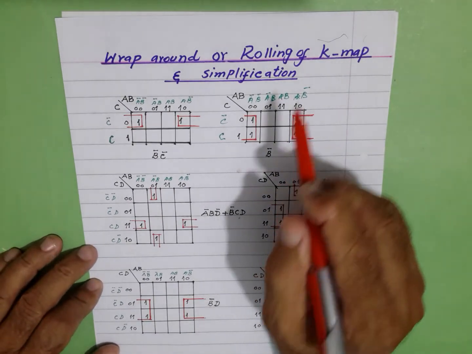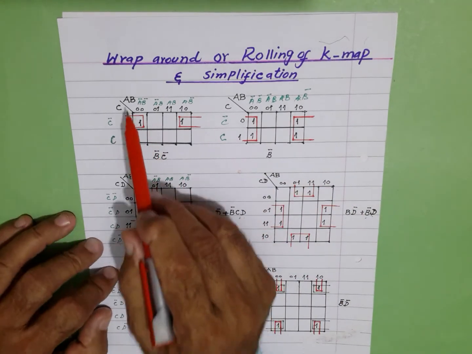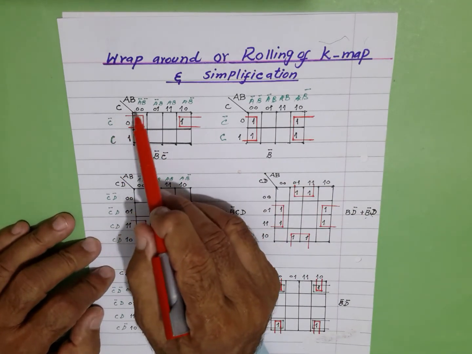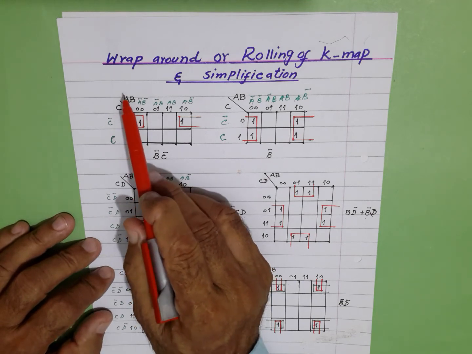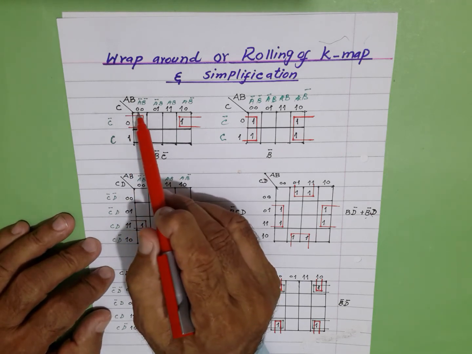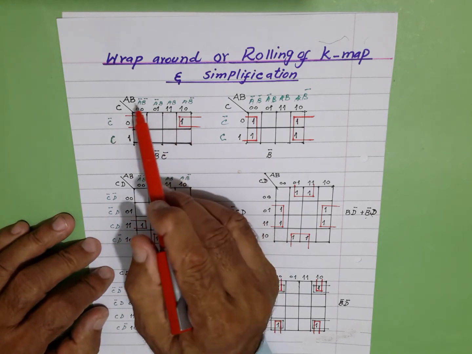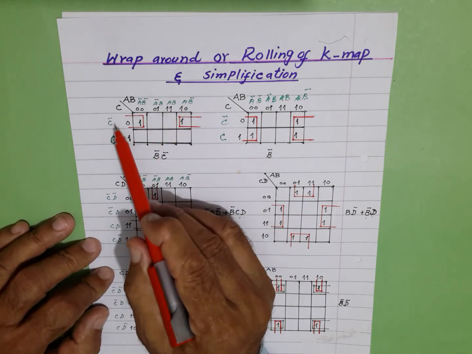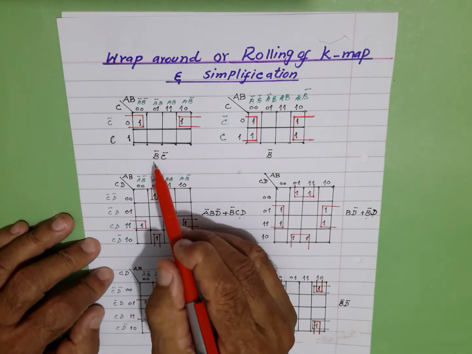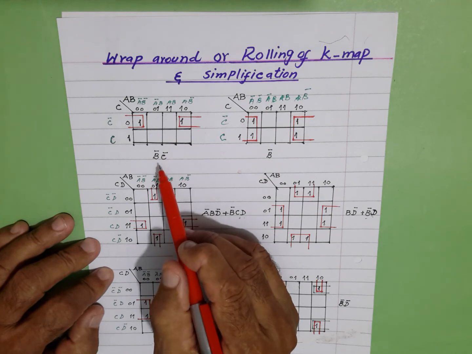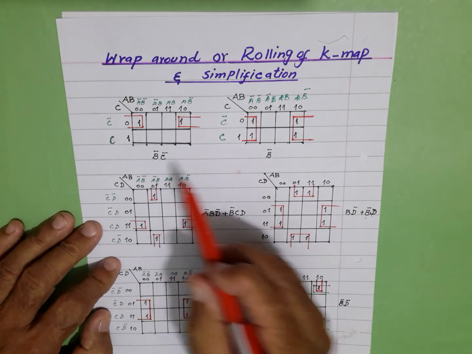Now coming to the summary, which is already explained: wrap-around and rolling of the K-map and simplification. ABC, 3 inputs. AB is written up, C is written down, or C can be written up and AB down. These are the possible combinations 0 0, 0 1, 1 1, 1 0. The functions are C bar, C, and the equation function is B bar C bar. We need 2 inverters and 1 AND gate.